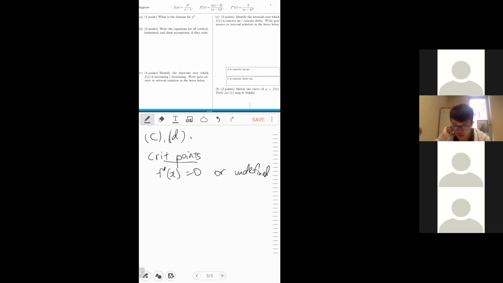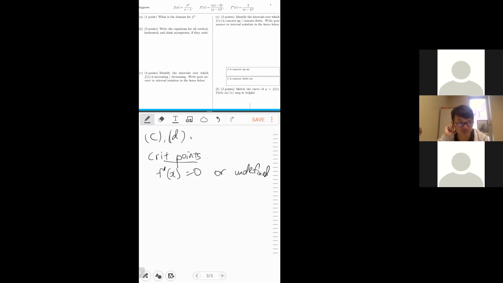Yes, x equals 1 is an undefined point, but because it's not in the domain, we won't say that it's a critical point. So there's no undefined point in the domain. Make sense?